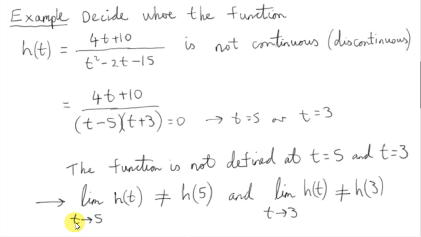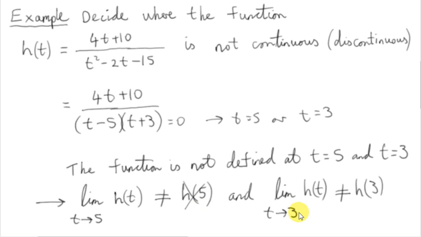So that means if we take the limit as t tends towards 5 of our function h of t, we will certainly not get h of 5. That's the condition for continuity. We need this limit to equal h of 5. But the function is not even defined at t equals 5, so h of 5 doesn't even exist.